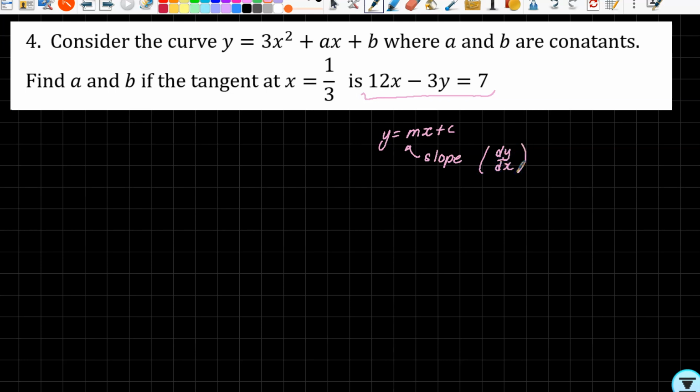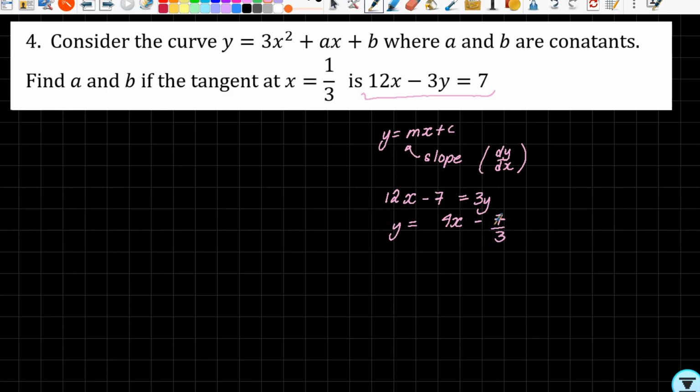So I can rearrange this a little bit. We will have 12x take 7 equals 3y, and therefore y, divide everything by 3, is 4x minus 7 over 3.